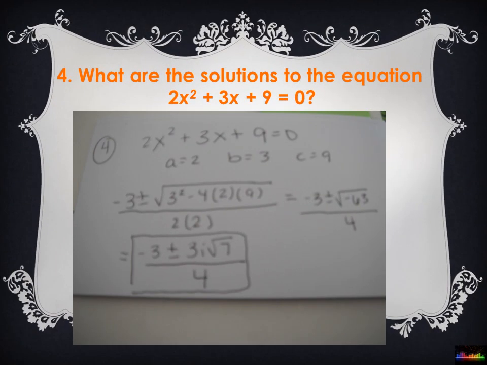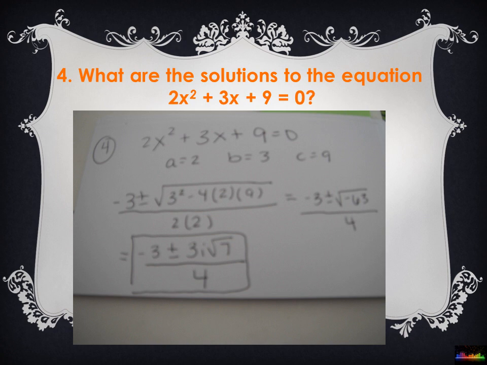For this problem, we want to find the solutions to the equation. You may attempt to solve this by factoring, by doing a times c if you want, or you can use the quadratic formula. Your a value is 2, your b value is 3, and your c value is 9. So you plug this into the quadratic formula to get what I have written on here.